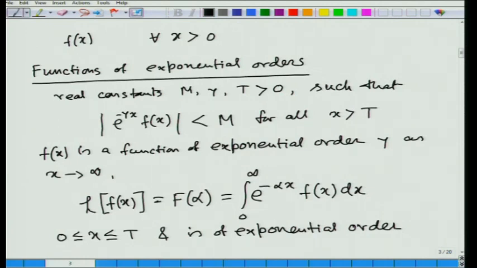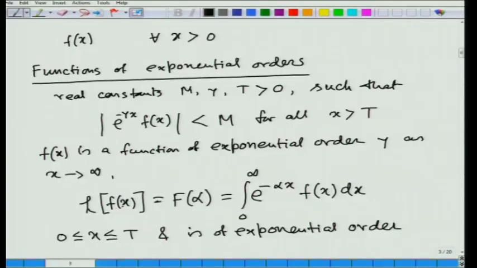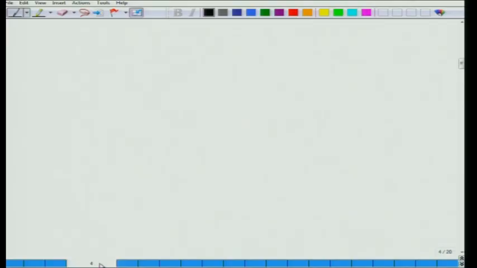Most of the time we use the pair of Laplace transform table, that is F(alpha) and f(x), such that when we consider the inverse Laplace transform of F(alpha), we get back the function f(x).